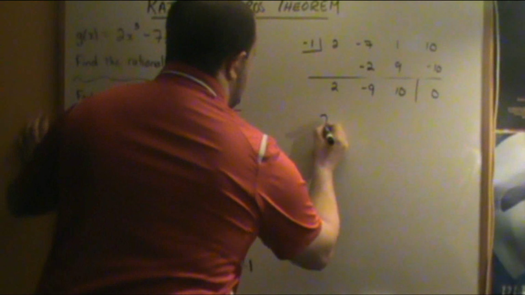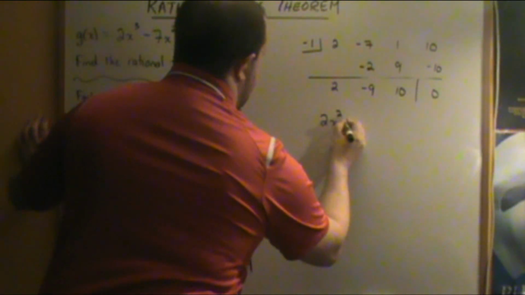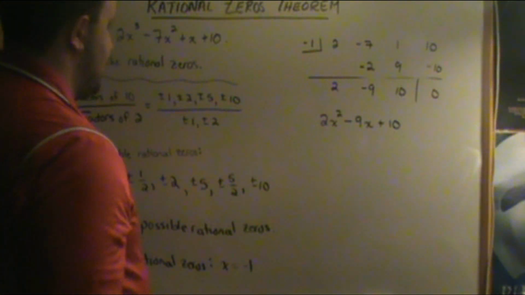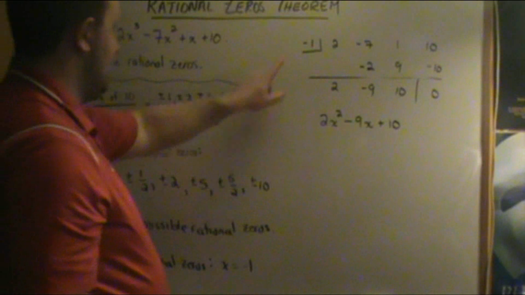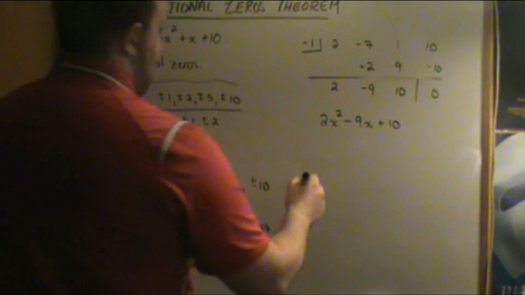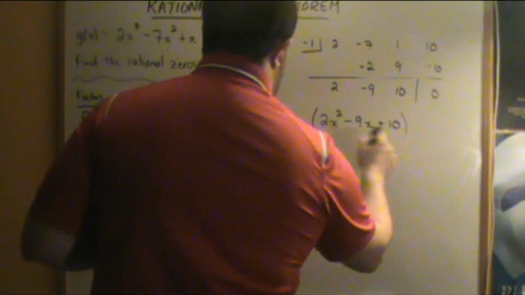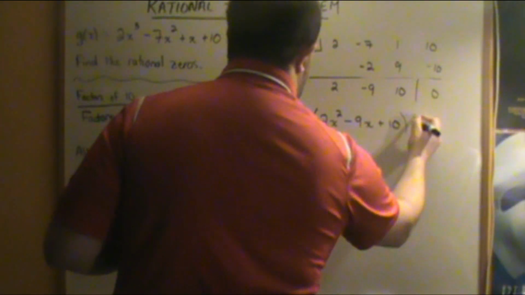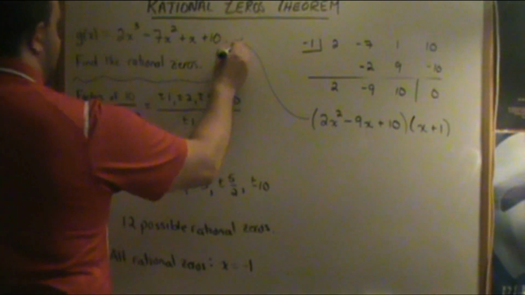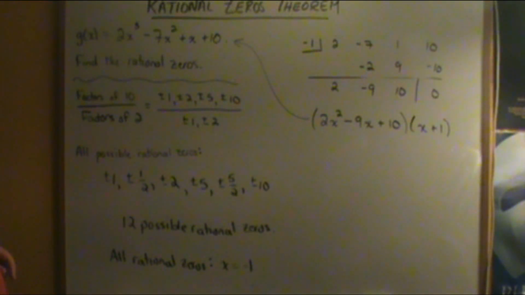So this is going to be 2x squared minus 9x plus 10. Right? Because we found negative 1 is a 0, if we multiply this polynomial here times the factor x plus 1, we will get our original function f of x. Right?